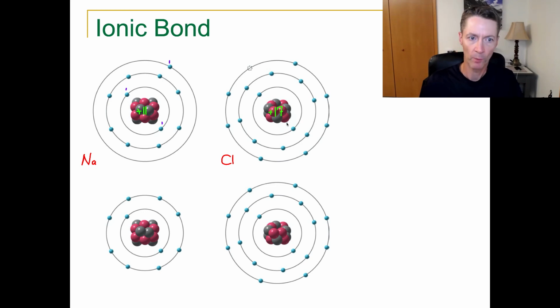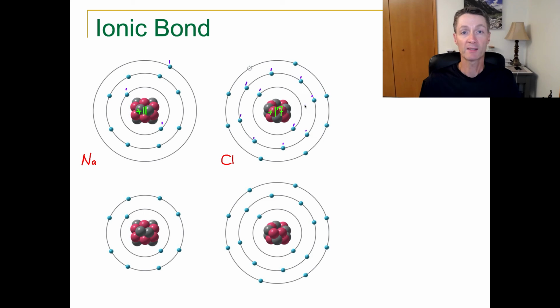Well, we can only fit 2 real close, so 1, 2. That leaves 15, right? 8 of those 15 can fit in the second energy level. So 1, 2, that's our octet rule, right? Octet for 8. 3, 4, 5, 6, 7, 8.